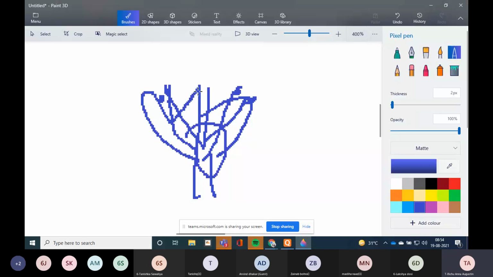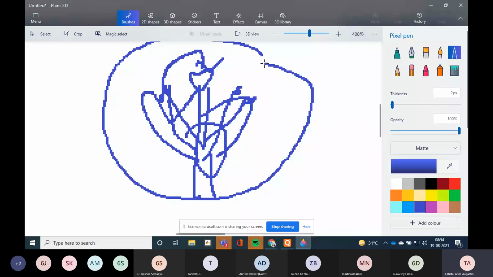This is the ovary, this is the stigma. So from the anther, pollen grains will pass to the stigma in this same flower. The flower is not changed. In the same flower, pollen grains go from this anther to the stigma of that same flower. This is known as self-pollination. Clear?